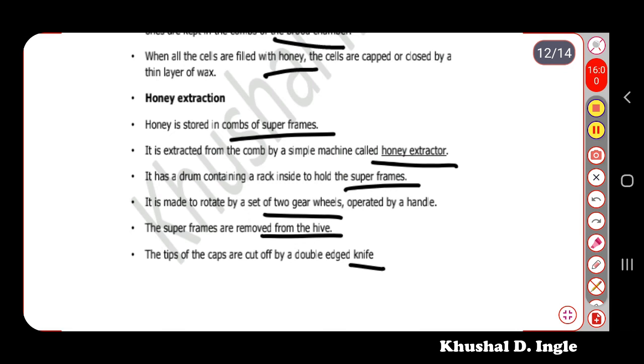These are the hexagonal cells filled with honey, which the workers seal with caps. We have to remove these waxy caps, so the hexagonal cells will open and the honey will be released from these cells. How we carry out this honey extraction, we will see in the next slide.